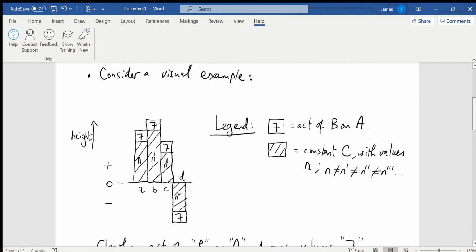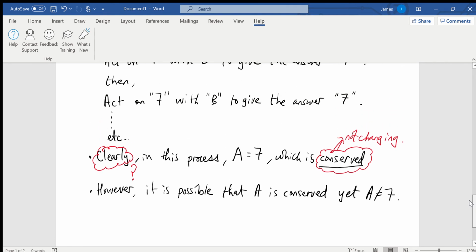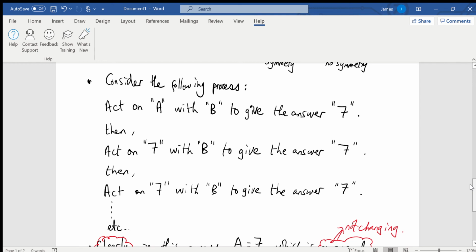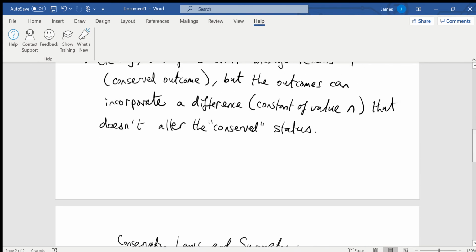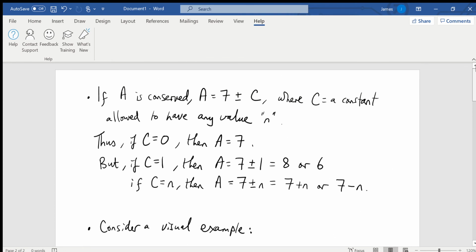Okay, which qualifies our assertion at the end of the first page that we have evidence that the act of B on A, so B is doing something to A, returns the number 7. But even though it always returns 7, it can do so with plus or minus a constant that would still allow us to conclude that it returned the value 7. Okay.